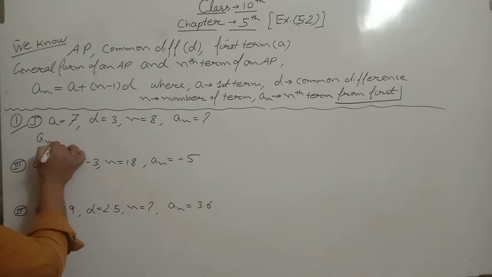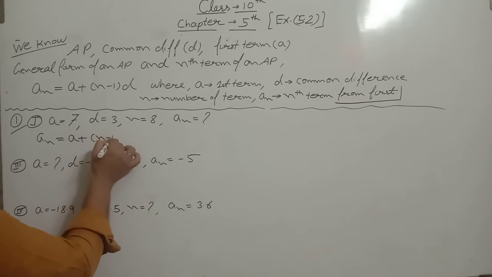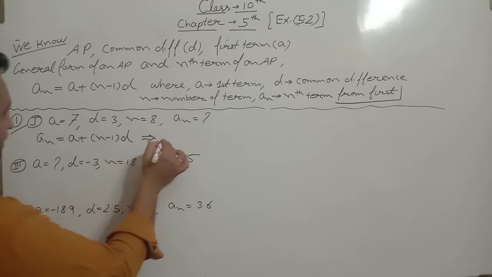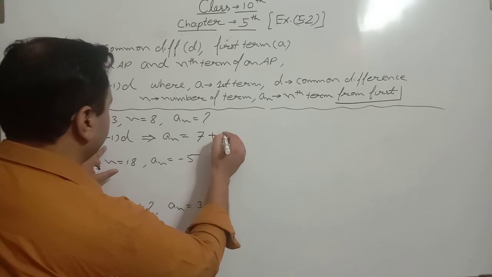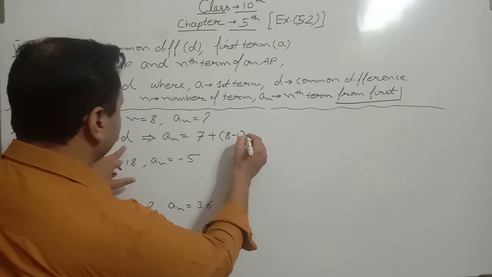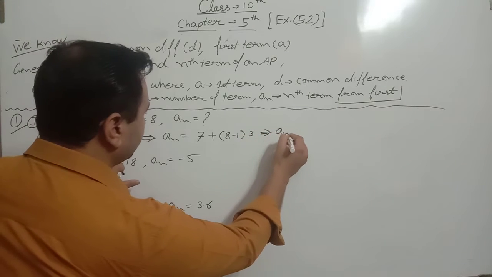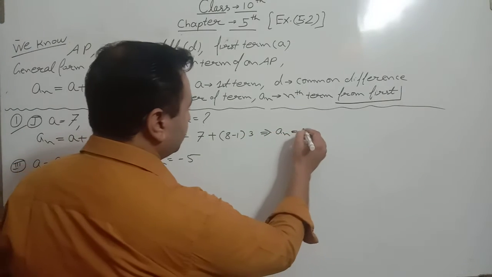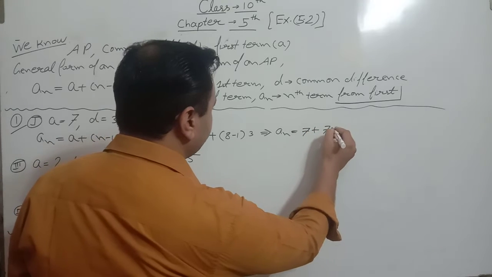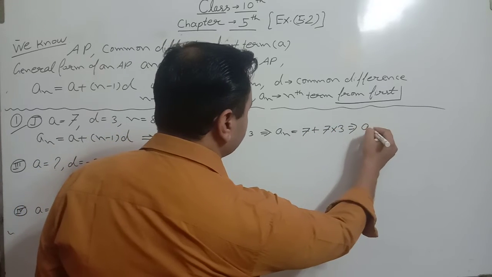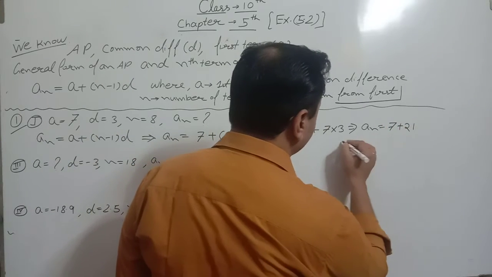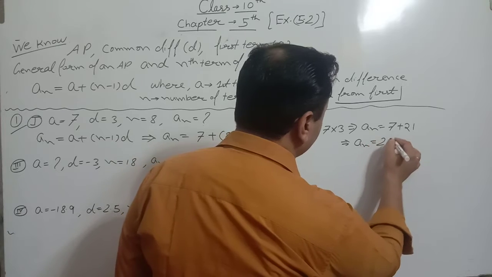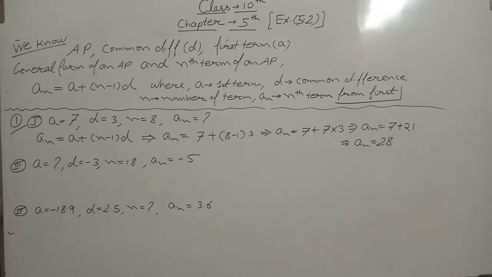So apply formula, an equal to a plus n minus 1 into d, 7 plus 8 minus 1 into 3, 7 plus 7 into 3, so an equal to 7 plus 21, so an is equal to 28. So value of an equal to 28.